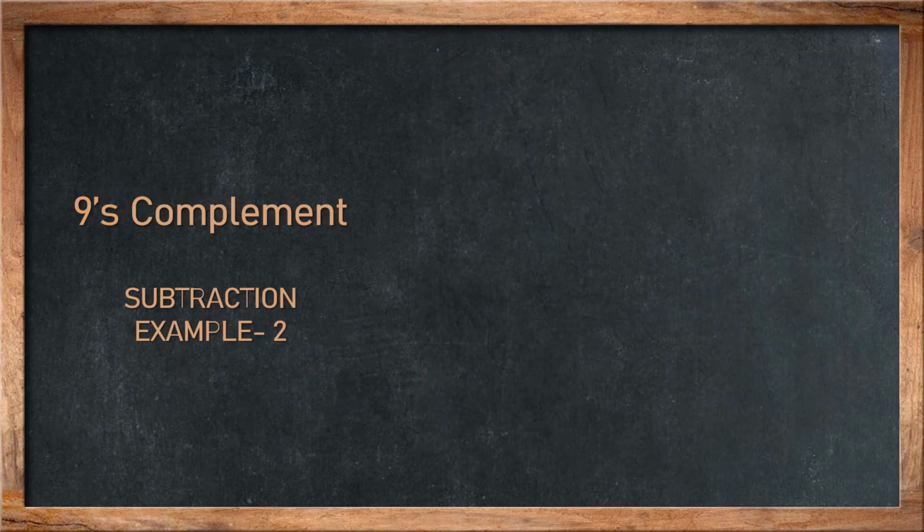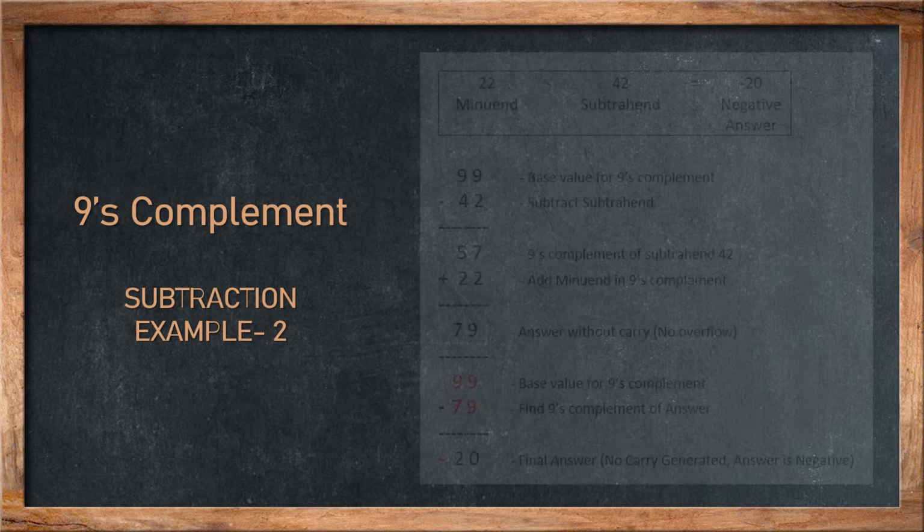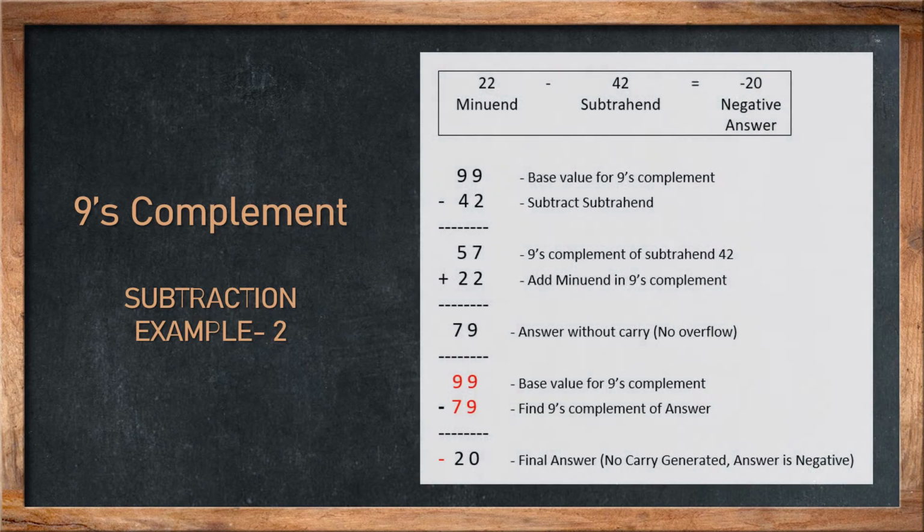Now let's take another example. Example 2 for the same 9's complement method, but with different values. Here we have taken 22 minus 42. We want to perform 22 minus 42 using the 9's complement method.